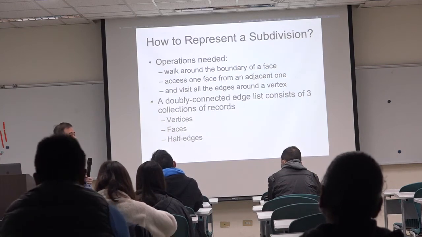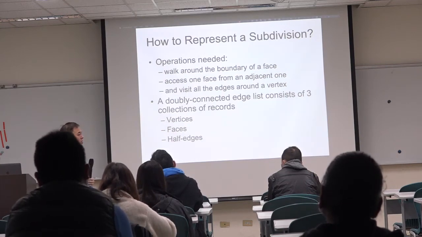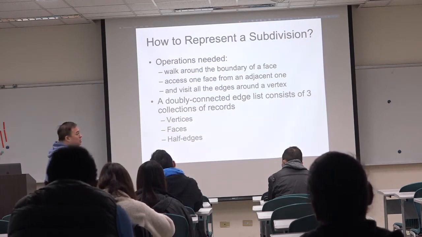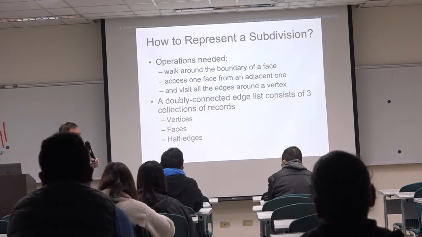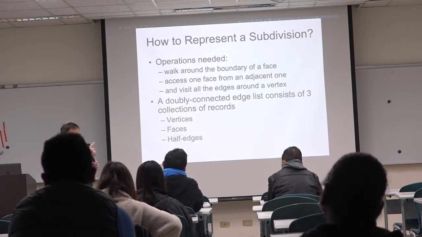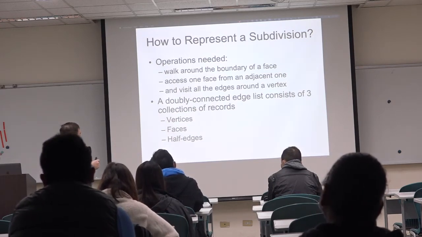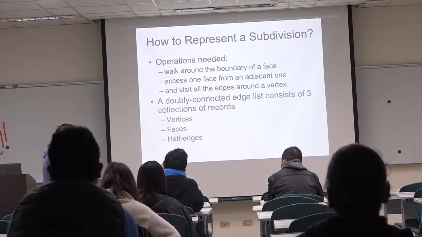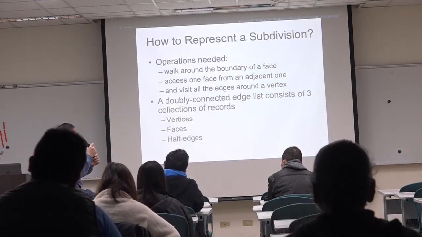Because we are going to represent each edge by... in the map, we normally do not associate a direction to an edge, right? But here, because we want to be able to walk around the boundary of a face, we need to associate a certain direction to the edge.